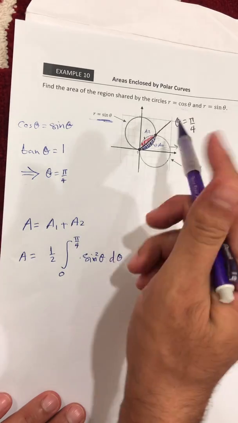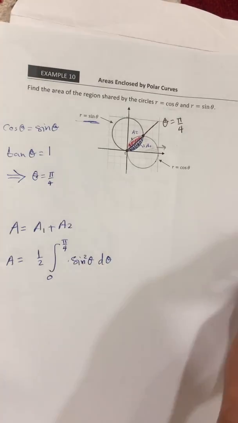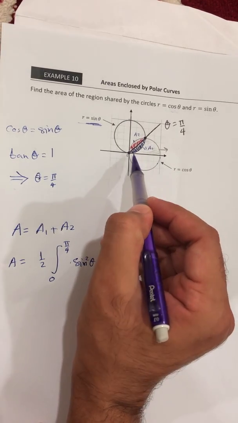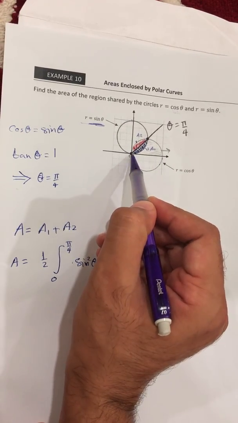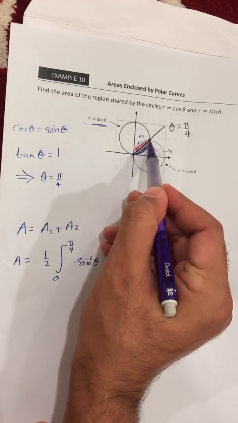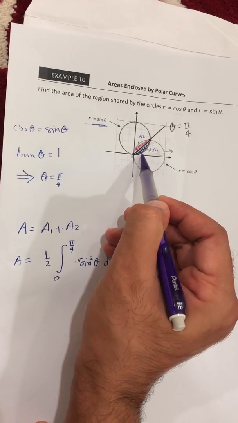I just want the blue region, the area common between those two circles. But if I choose sine theta from 0 to pi over 4, I will only calculate the blue area, because this is the circle r equals sine theta.